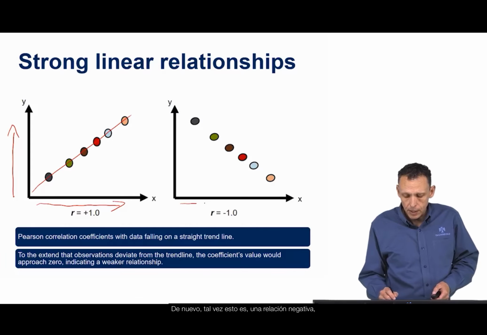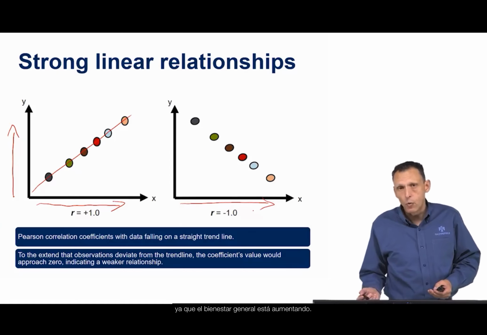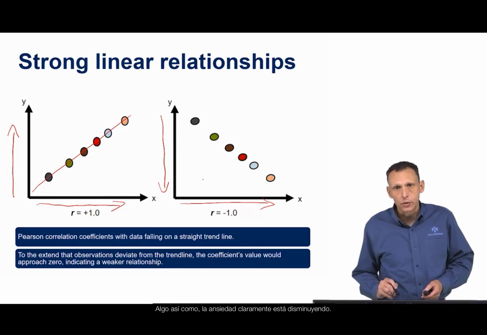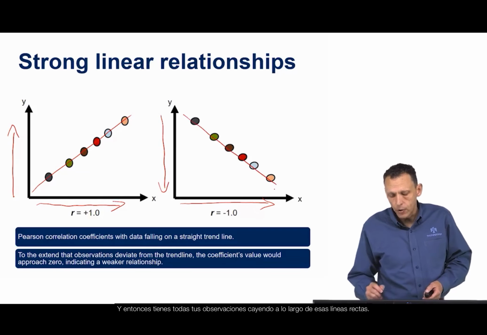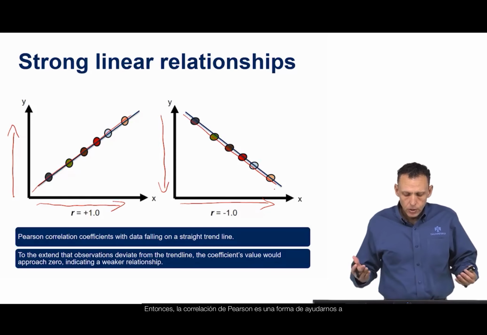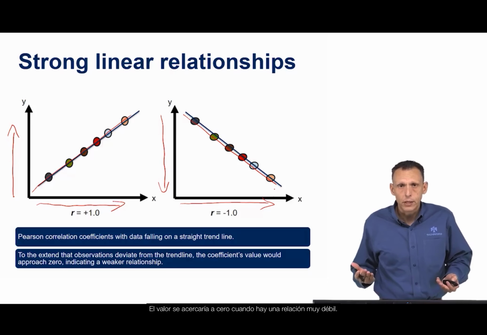Again, maybe this is a negative relationship: as general well-being is increasing, something like anxiety is clearly decreasing, and so you have all your observations falling along those straight lines. So the Pearson correlation is a way of helping us understand and interpret that very quickly. The value would approach 0 when there's a very weak relationship.